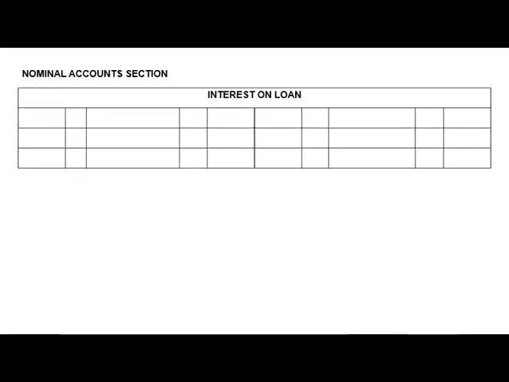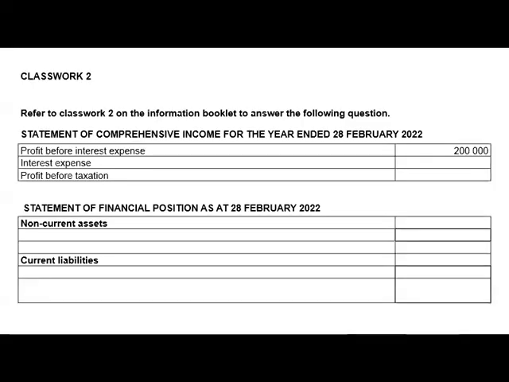It'll be plus minus, so it increases on the debit side and decreases on the credit side. So in total, your interest on loan should be 100,000. In your statement of profit or loss, your interest expense will be the 50,000 plus the 50,000 that is accrued. And in total, it will give you 100,000, which is your interest for the entire year. You will subtract it from profit before interest expense, which is 200,000 minus 100,000, you will get 100,000 as profit.